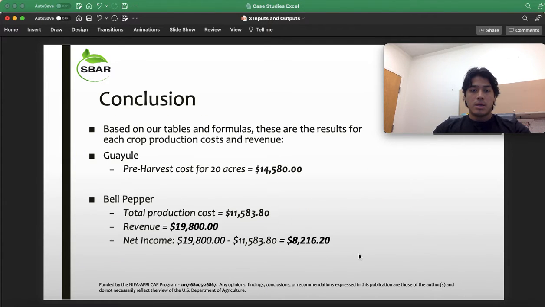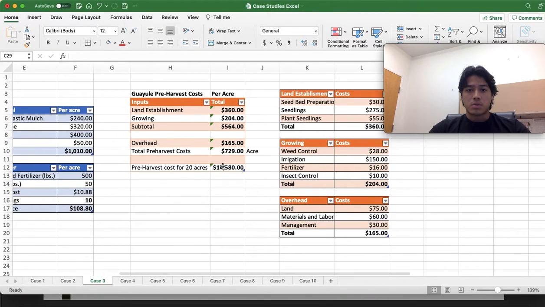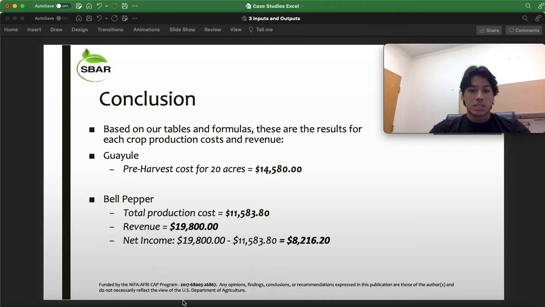Now, the conclusion here is, based on our tables and formulas, these are the results for each crop, production costs, and revenues. First of all, for wayuli, we said that the total cost for the 20 acres was 14,000 and almost 600, which is right here.